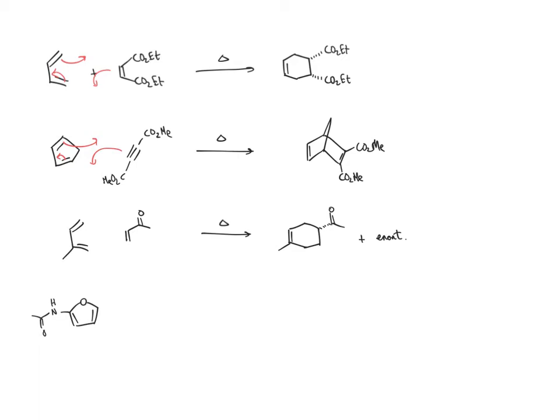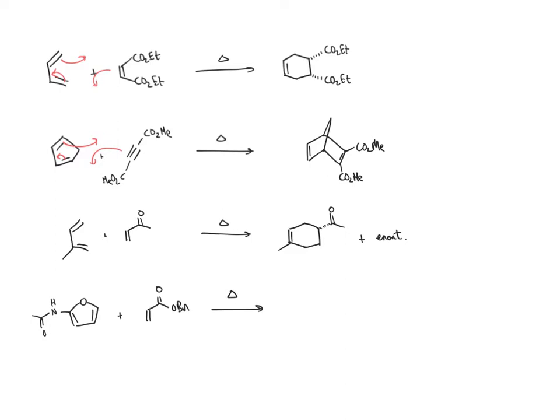This is a diene that's not only cyclic, but it's a furan. And so this furan can then react with, again, an unsymmetrical, let's say, ester. And this can undergo a Diels Alder reaction.